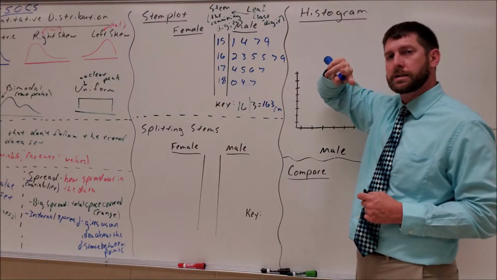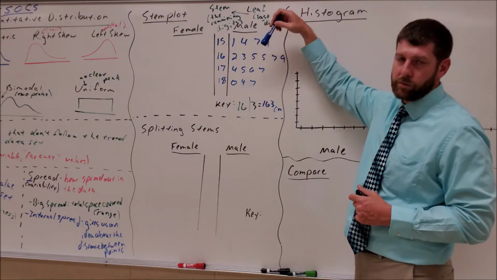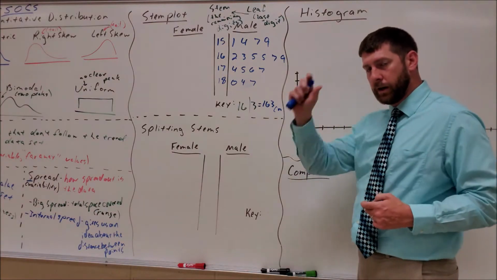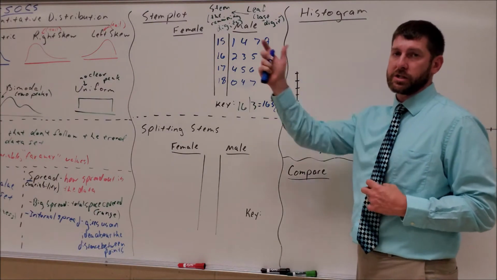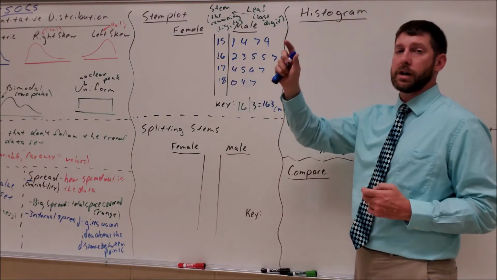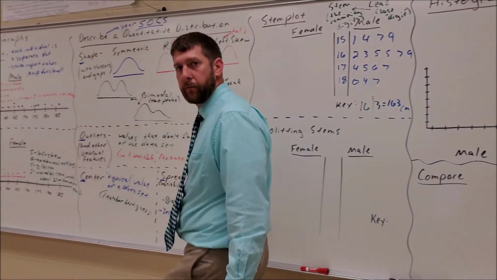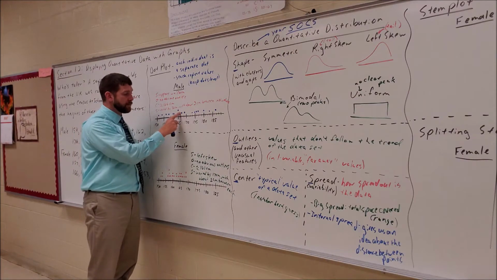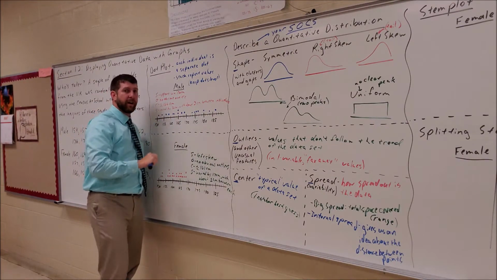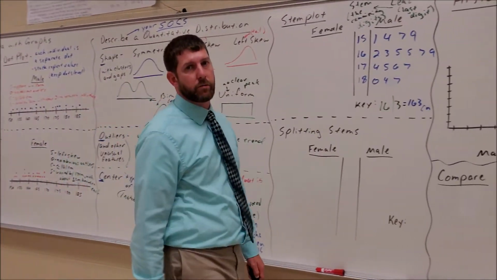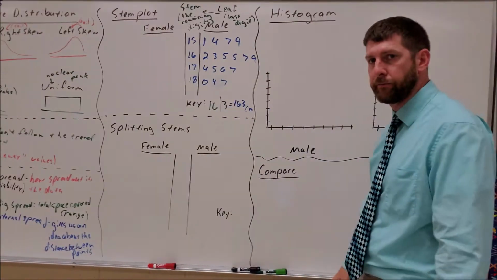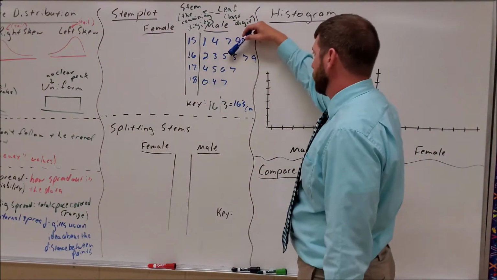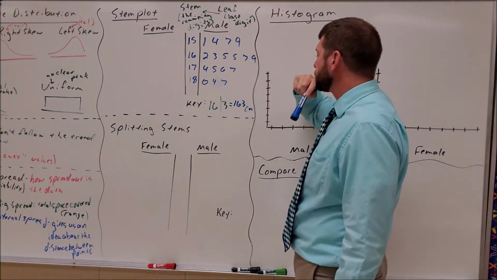It occurred twice, so that's why I wrote a 5 twice, because we want every individual represented. Just like on a dot plot, we had 2 dots at 165, right? So there's 2 dots over here at 165. That means I need 2 values or 2 leaves to represent that 165. So that's going to occur right there.